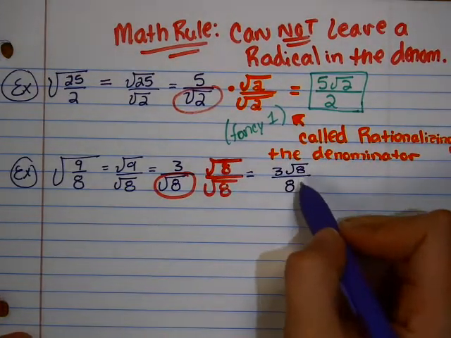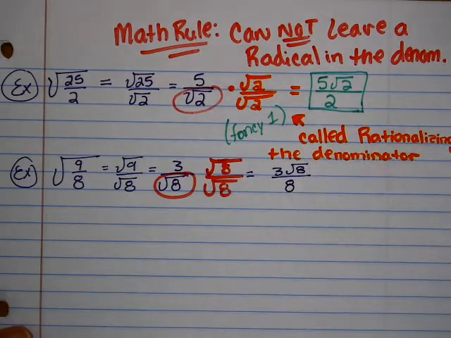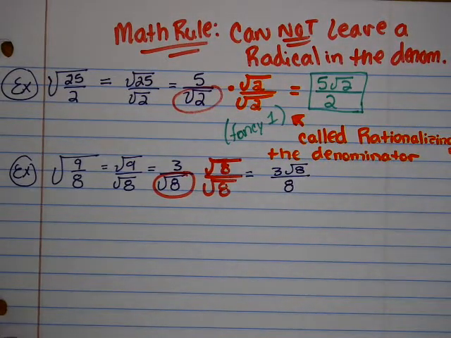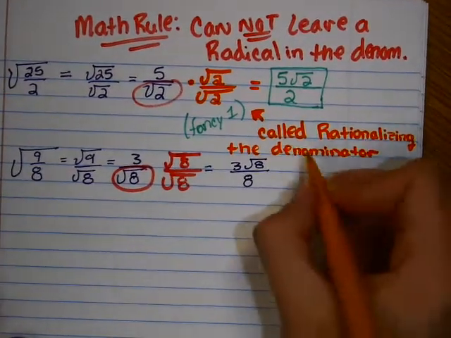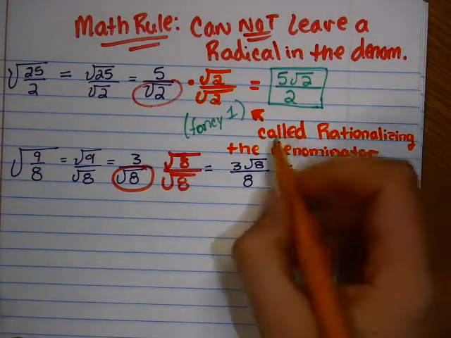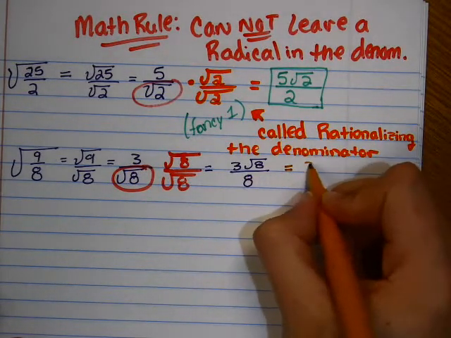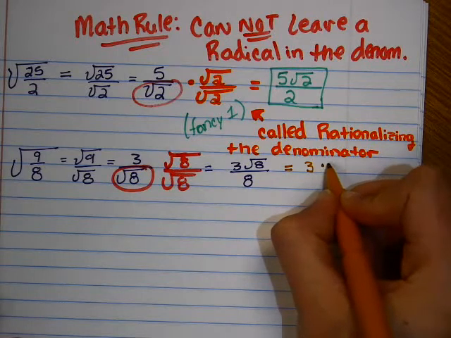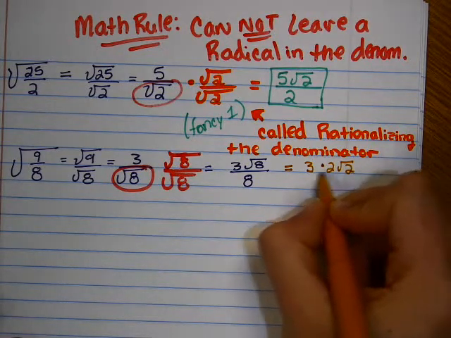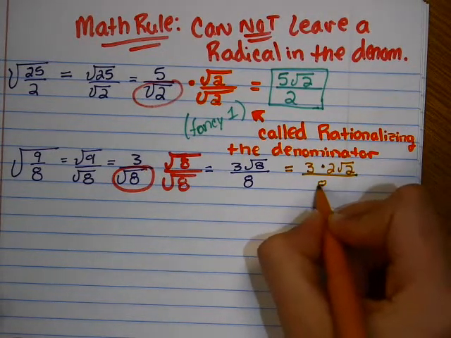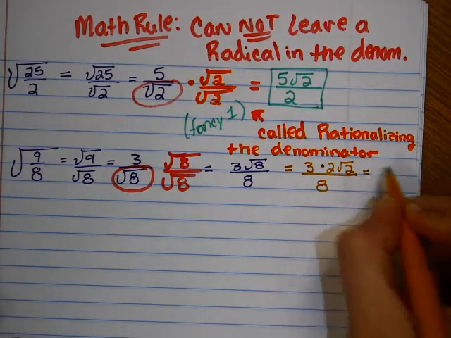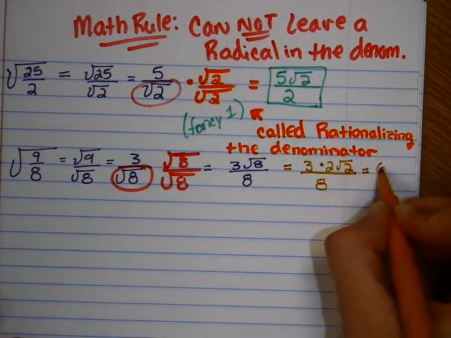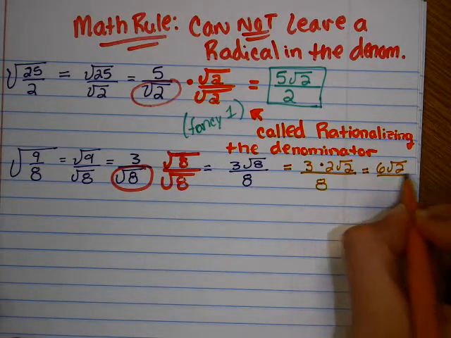And notice it's not in simplified form yet because the square root of 8 has a perfect square as a factor, and we know that is 4. And 4 times 2 is 8, so I have 3 times 2 square roots of 2 over 8. Okay, and 3 times 2 is 6, so I have 6 square roots of 2 over 8.